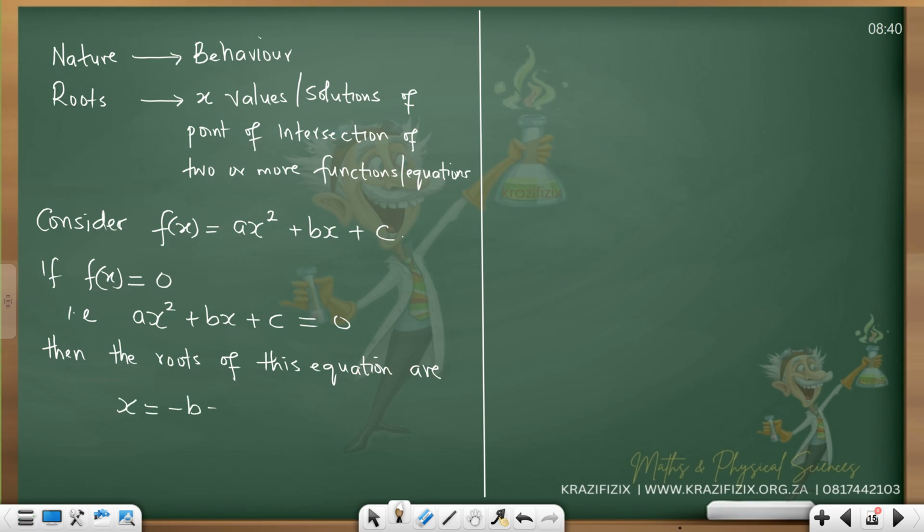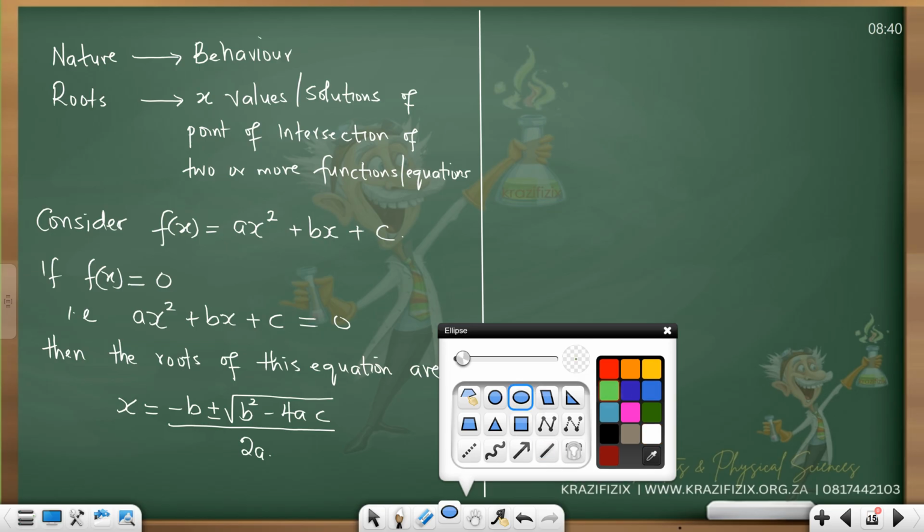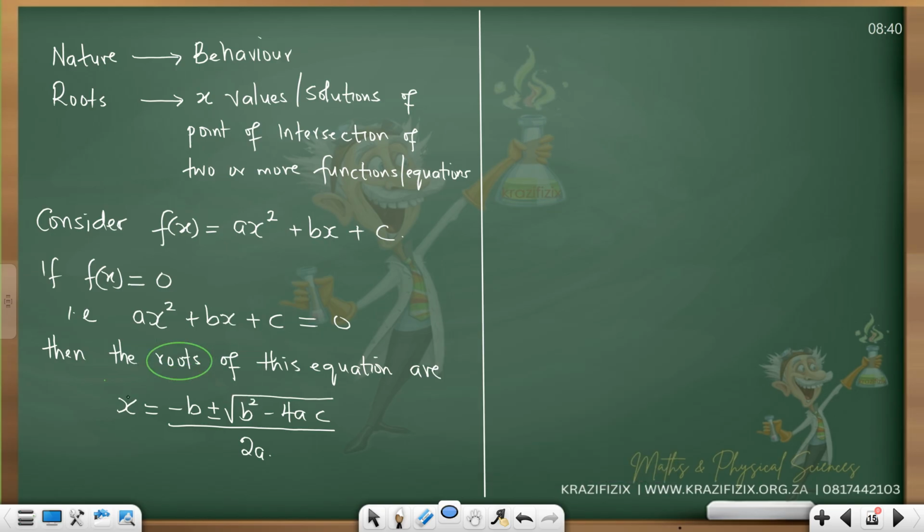X will be equal to minus b plus or minus square root of b squared minus 4ac over 2a. Take note of that word, the roots. When I say roots, I'm talking about x values. And you would see there are two of them, plus or minus. I'm sure you all remember how we got that equation. We dealt with how to get that quadratic equation.